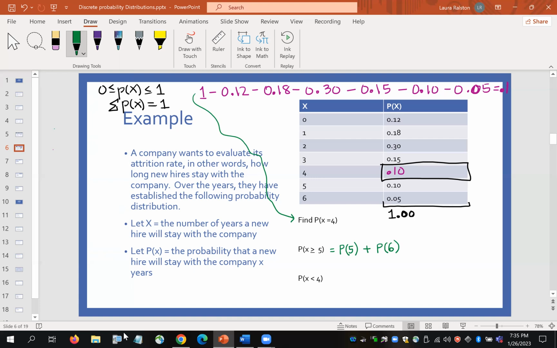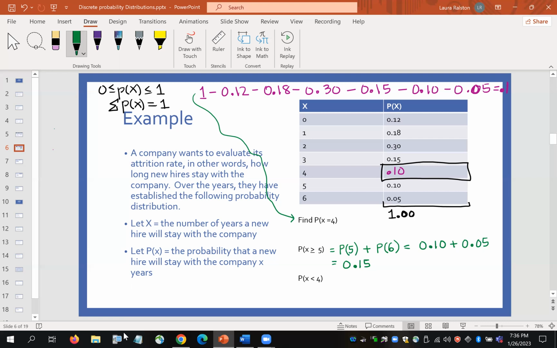So I'm going to add those two probabilities together. For 5 years, it was 0.10. For 6 years, it's 0.05, which means, adding that together, there is a 0.15 or a 15% chance that a new hire is going to stay 5 or more years.